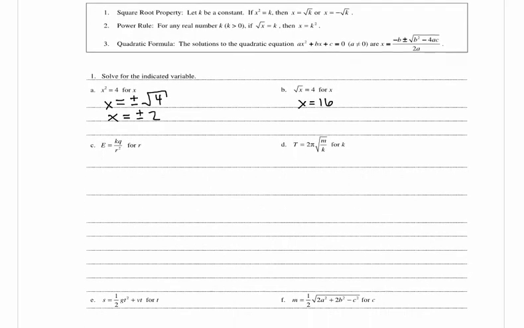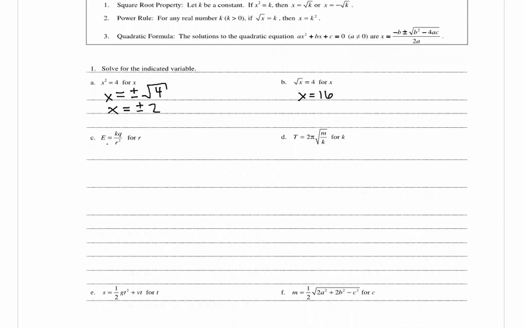In C, we have E is equal to k times q divided by r squared, and we want to solve for r. So the first thing I'm going to do is cross multiply. So I have E times r squared is equal to k times q.